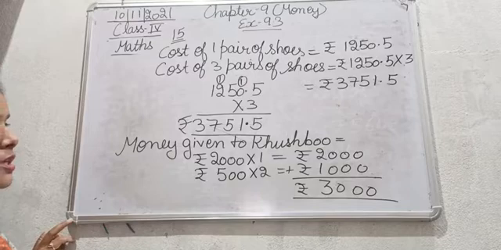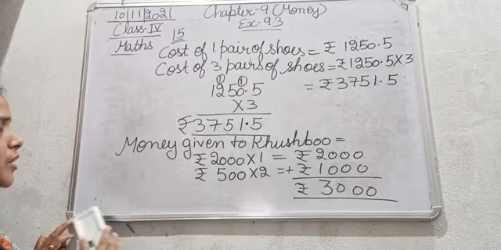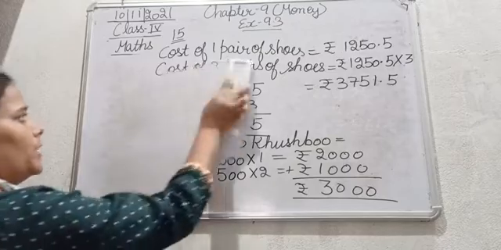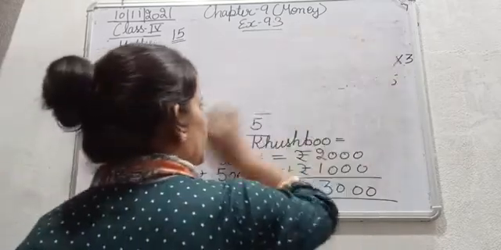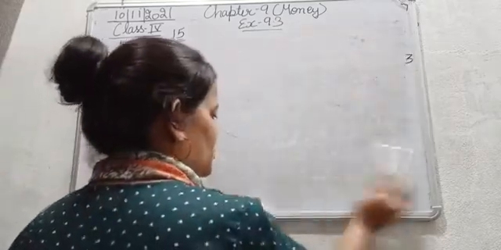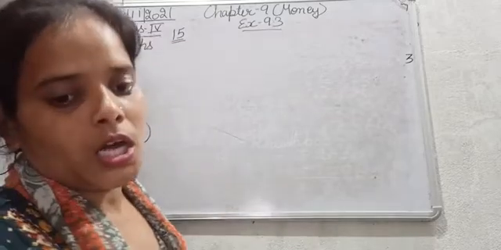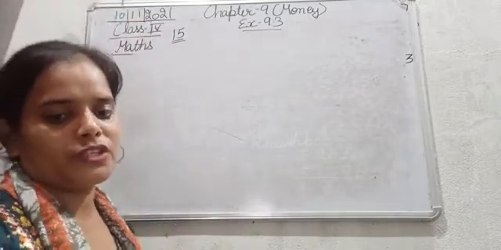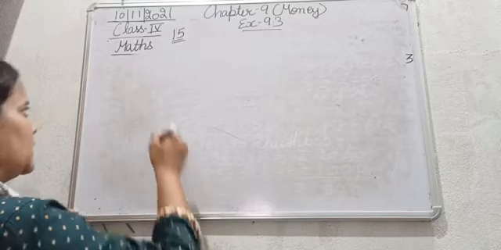So you can pause it here and note it down in your notebooks. The question is still in continuation. It is a slightly long question. Let's go. The question was how much more money Rajni still has to pay.